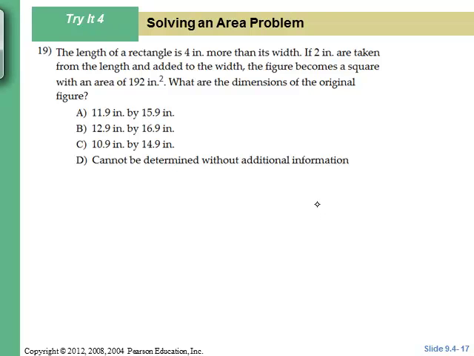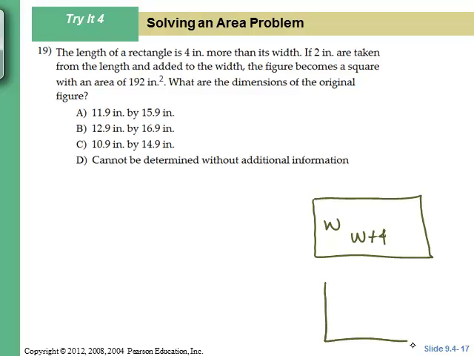The length of the rectangle is the width plus 4. If we would take 2 inches from the length, width plus 2, and add it to the width, width plus 2, the figure becomes a square with an area of 192.